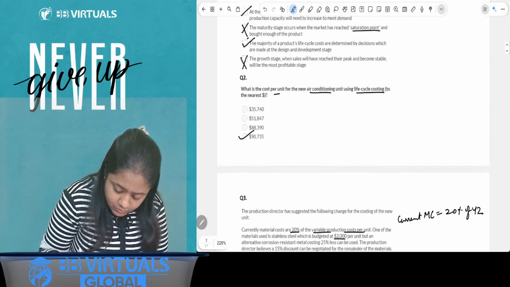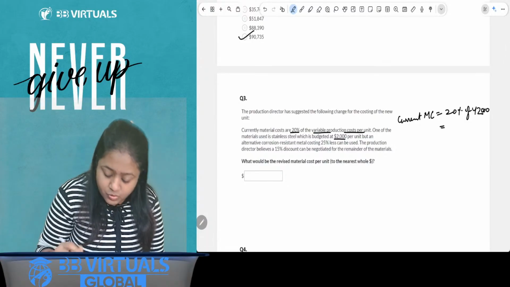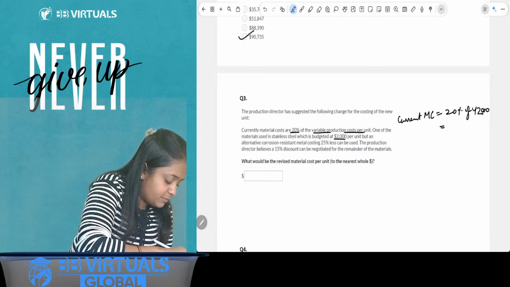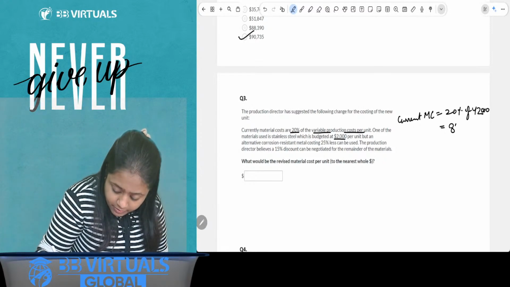The figures are in thousands, so 42,000, right? So 20% of 42,000 will be 42,000 multiplied by 20%, 8,400.